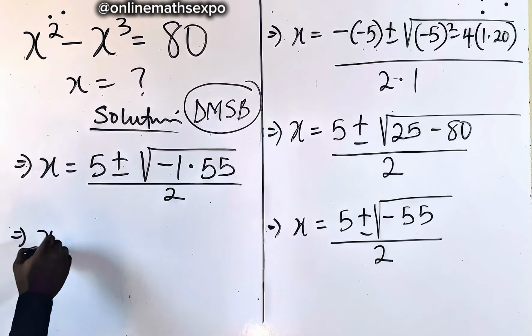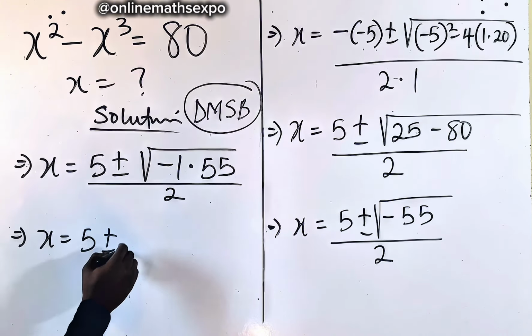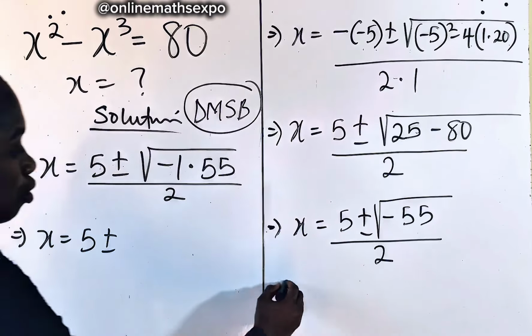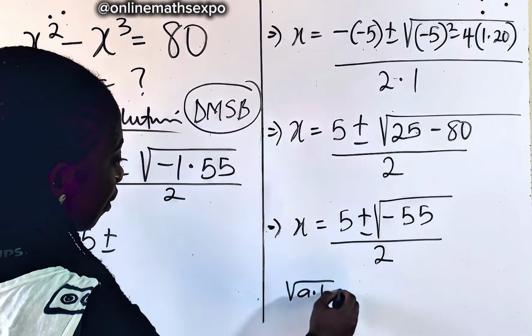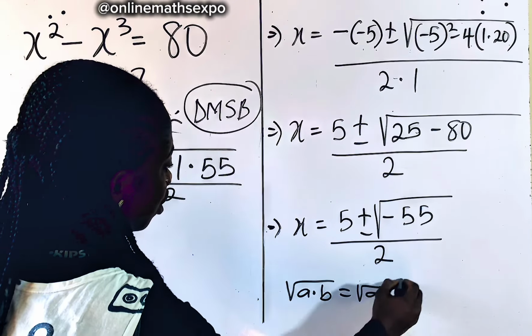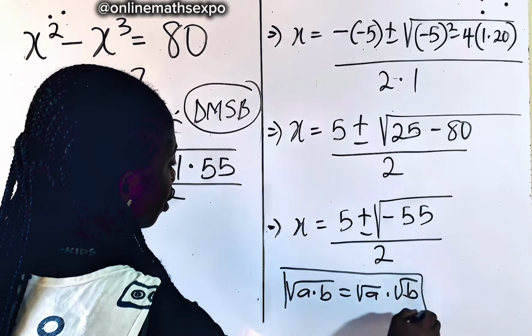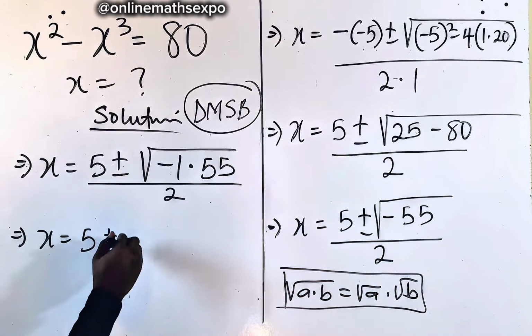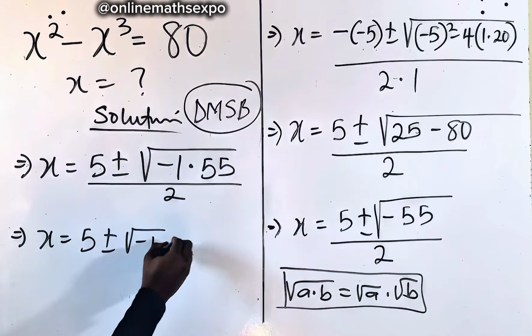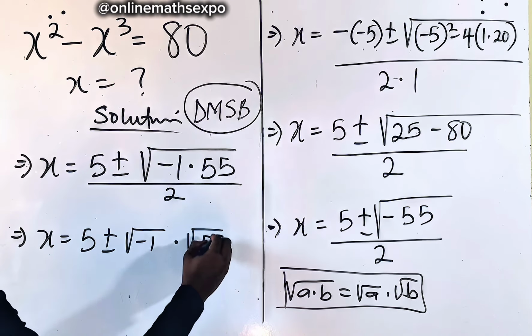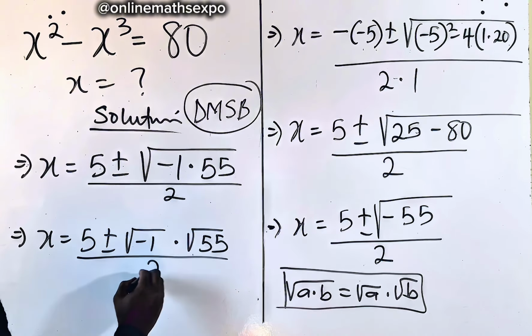So we have x is equal to 5 plus or minus. Remember, for every root of a multiplied by b is root of a multiplied by root of b. So you can apply it here. So you have root of negative 1 multiplied by root of 55 divided by 2.